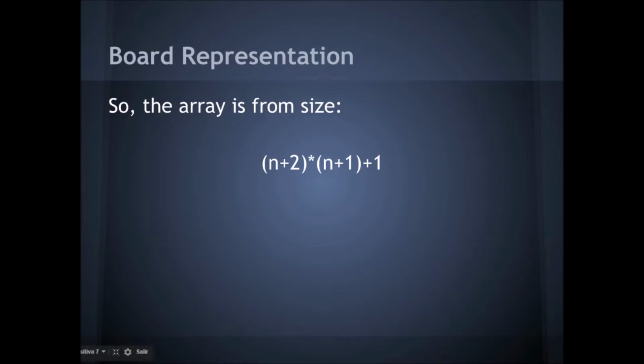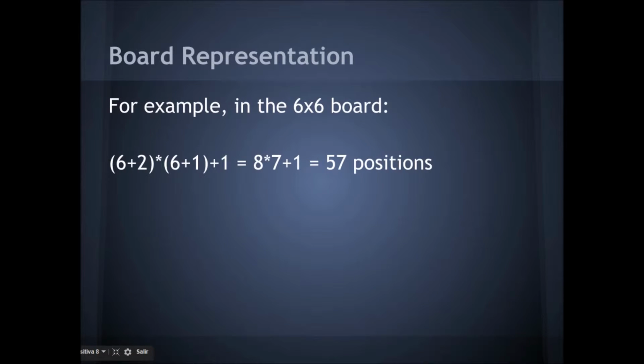So doing some math, the array size will be n plus 2 times n plus 1, plus 1, right? This n is the number of positions. In this example it is 6. So in this 6 board, this will be the count.